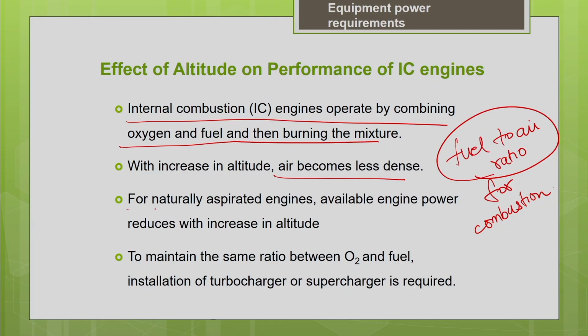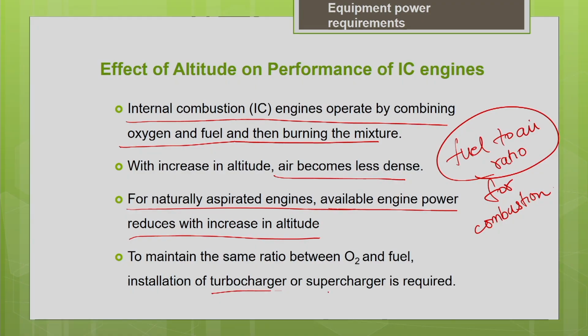For naturally aspirated engines, the available engine power reduces with increase in altitude. That is why, to compensate the loss in efficiency, you should go for special attachments like turbochargers or superchargers. There are certain devices which I discussed even in the first lecture. These devices will help you to maintain the fuel to air ratio even at higher altitude.